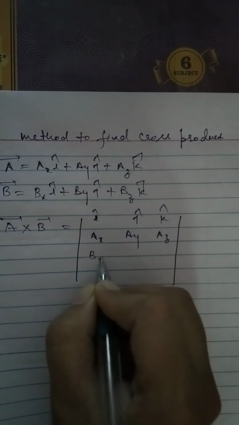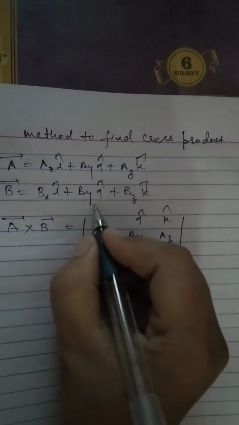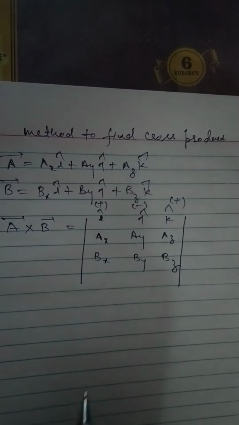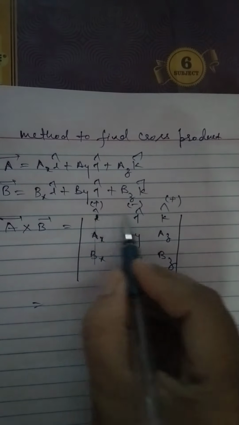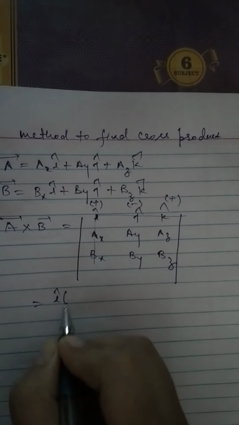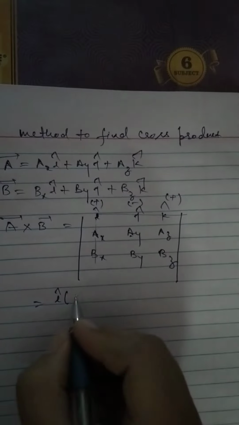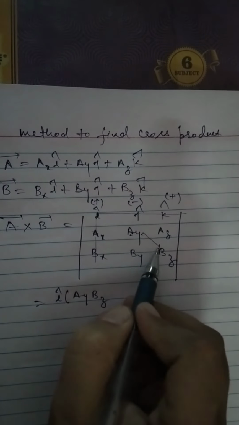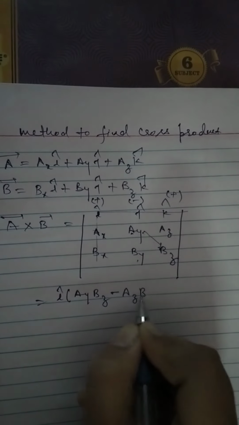This is BX, BY and BZ. Right, put here sign positive, negative and then positive. First, how we'll find it? It is a vector, so first row and first column. If you want to write the coefficient of I cap, if you are moving from left to right, multiply AY BZ. लेफ्ट टू राइट गए AY BZ, बट राइट टू लेफ्ट आएंगे विद नेगेटिव साइन AZ BY.